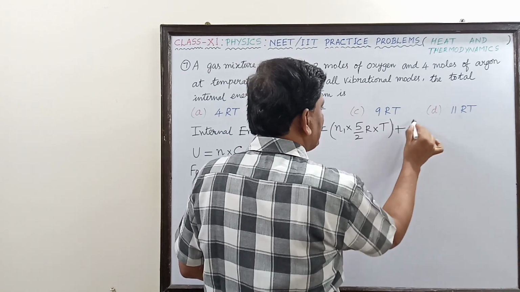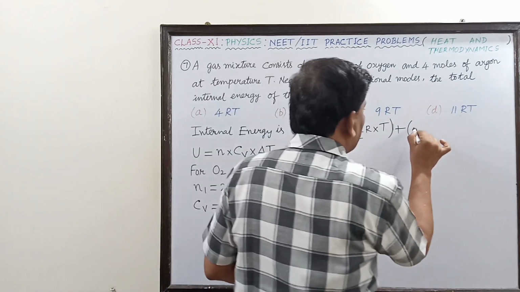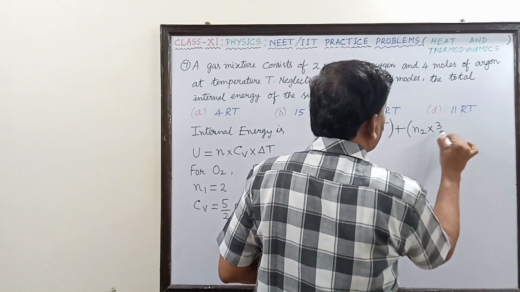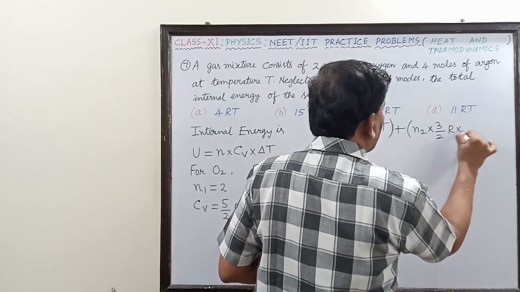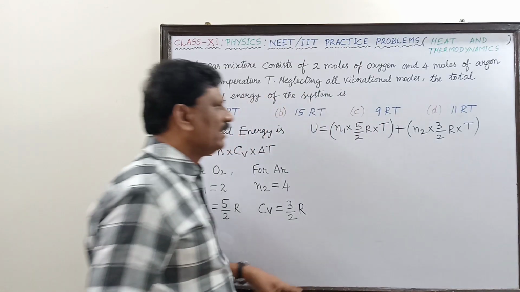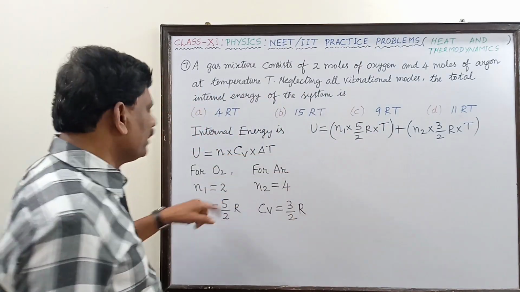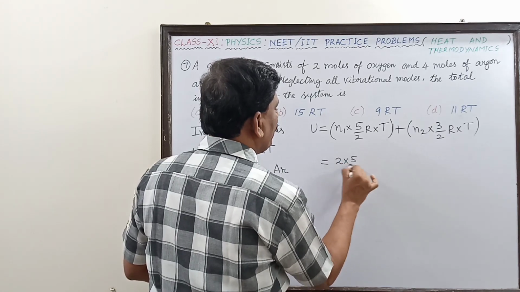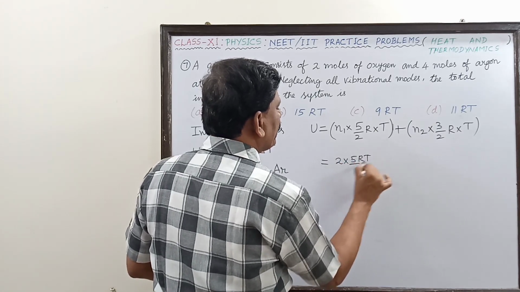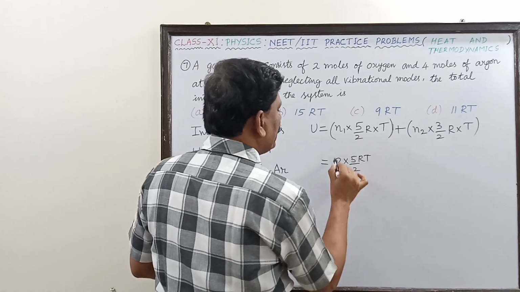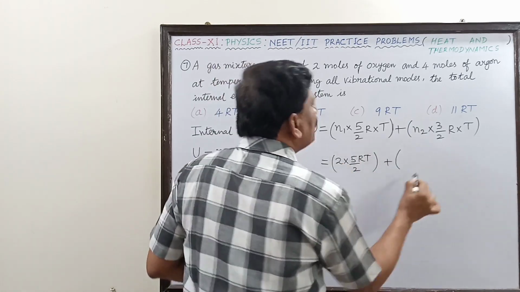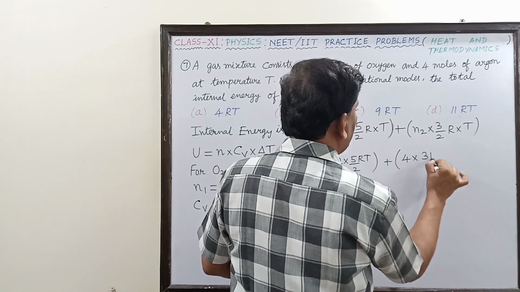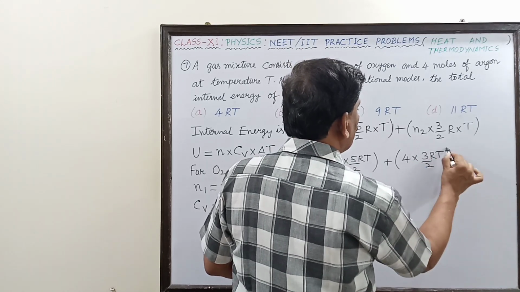Plus the number of moles N2 into CV for argon, which is 3 by 2 R, and the temperature is T. Now N1 is equal to 2. So this is equal to 2 into 5 by 2 RT, plus N2, which is 4, into 3 RT by 2.